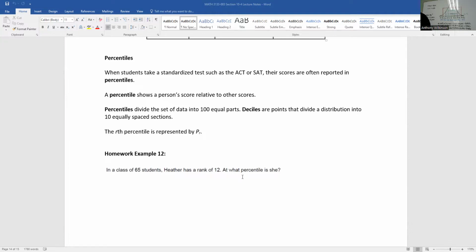And here percentiles are divided into 100 equal parts, and deciles are points that divide the distribution into 10 equally spaced sections. I don't think we ever use deciles in real life, or when you're dealing with test scores.